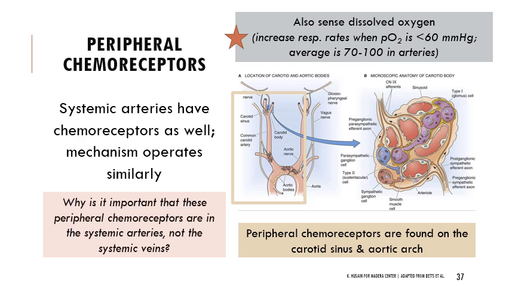So why do you think it is important that they are located in those arteries rather than veins? Maybe take a moment and think about it. So remember, when we have systemic veins, those are returning deoxygenated blood from the body to the lungs.